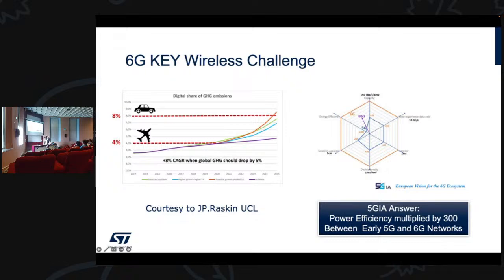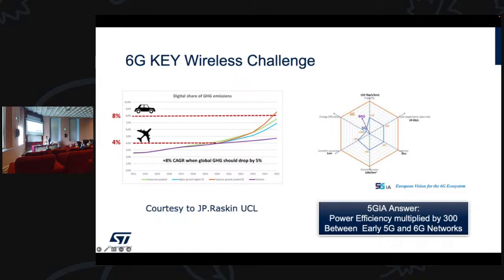So today we're somewhere around 4%. This is the global CO2 emission of the aerial traffic.